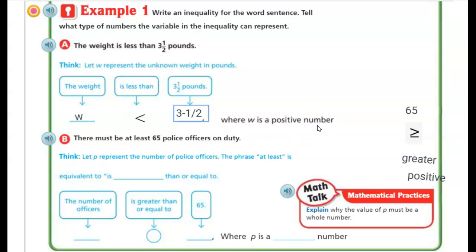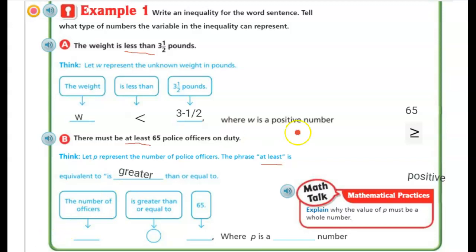B, there must be at least 65 officers on duty. And I underlined at least, which, you'll see, will include 65. So there must be at least 65 police officers on duty. Think. Let P represent the number of police officers. The phrase at least is equivalent to greater than or equal to.